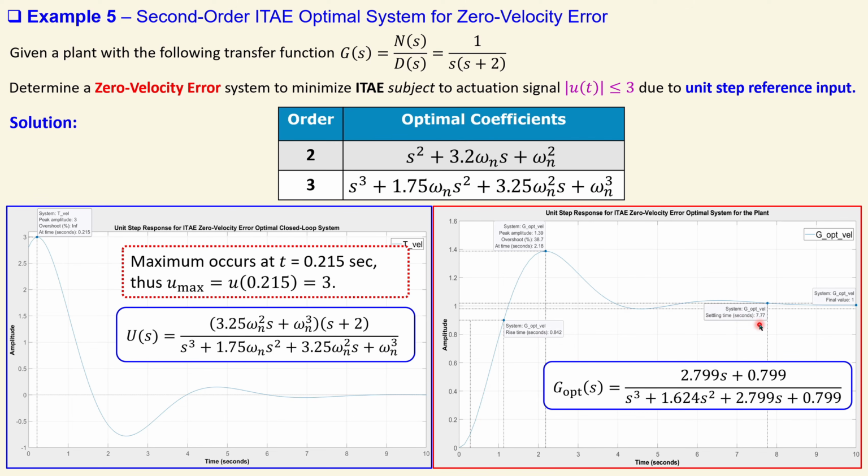And that's also what you need to be careful about so that you don't over design your performance index. All right, this is it for this video tutorial about the performance indices used in control system design.